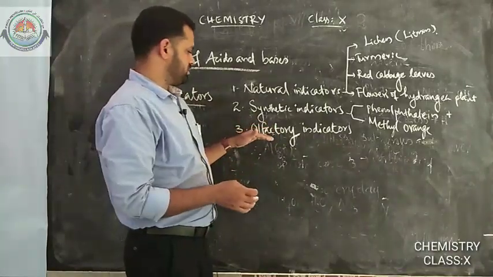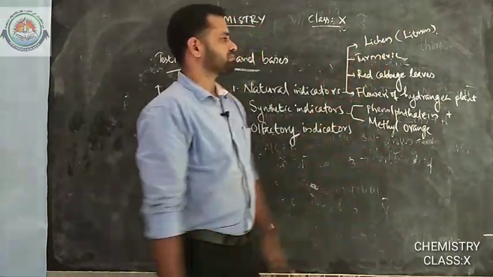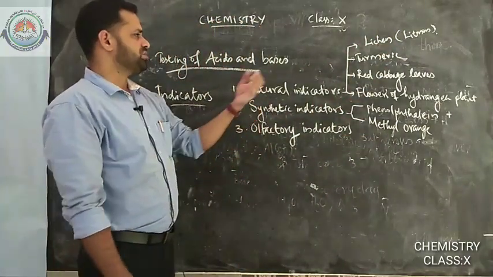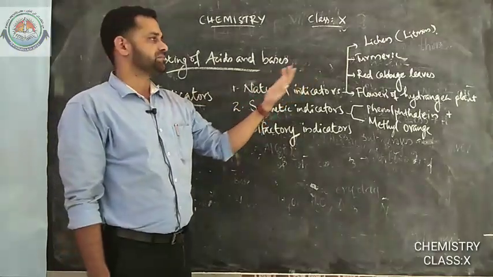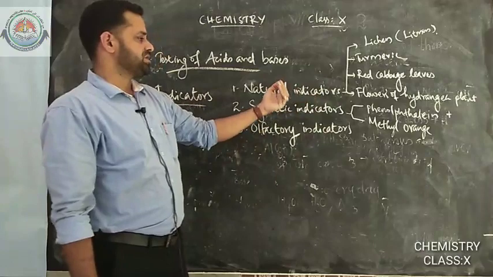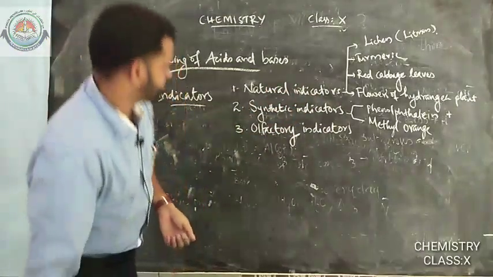Before going into the olfactory indicators, let us study the differences, how they differ in their acidic and basic medium. What differences they are showing, these natural indicators and synthetic indicators, that we will discuss now.